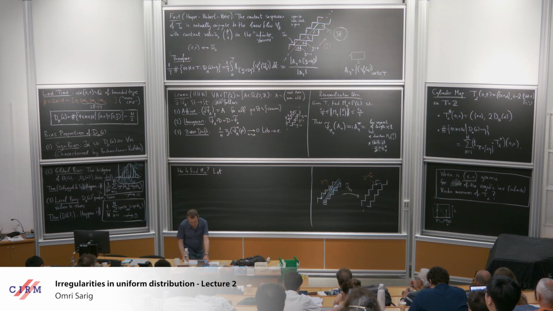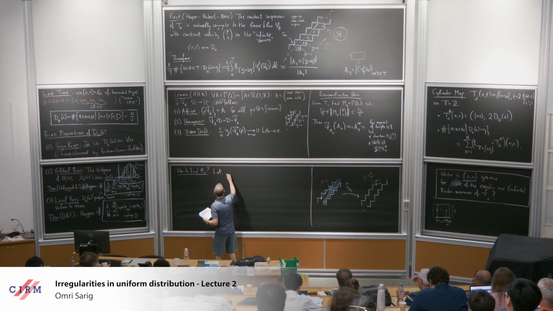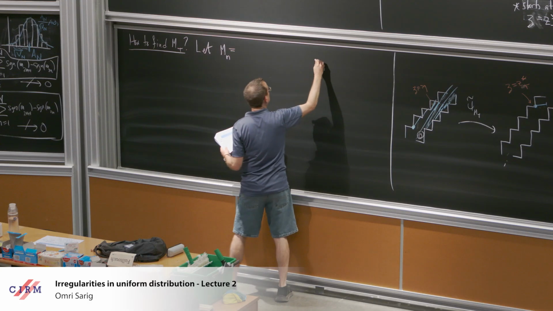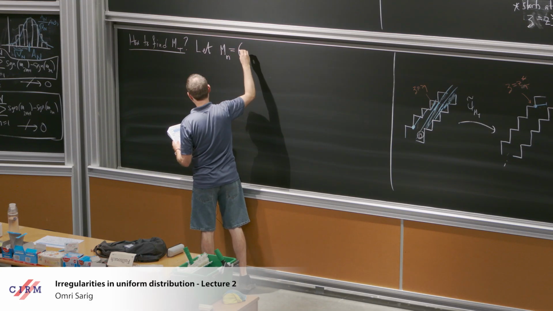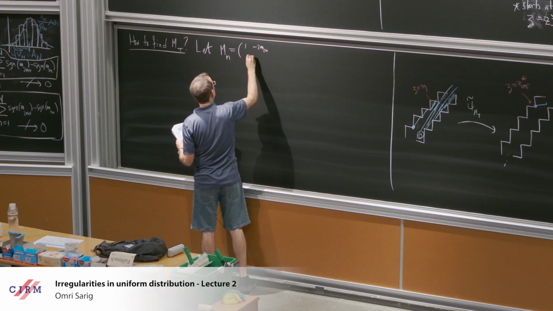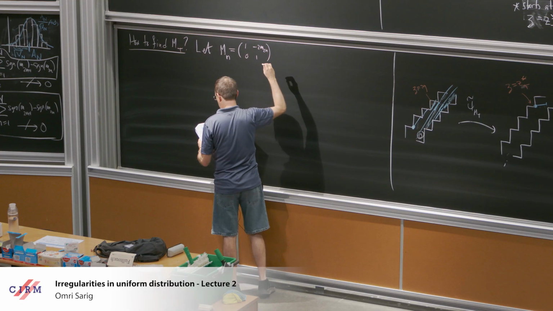Now I'm going to write this matrix product. Maybe I should start it here. That's upper triangular.